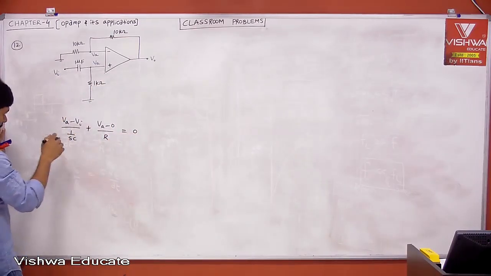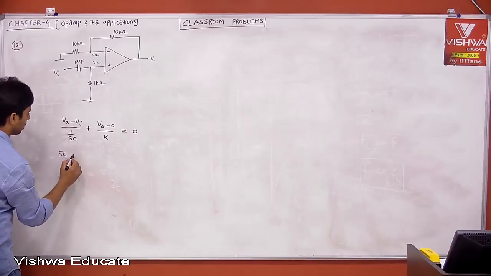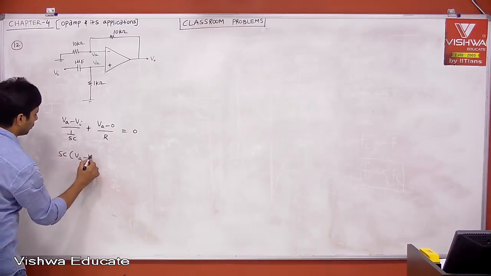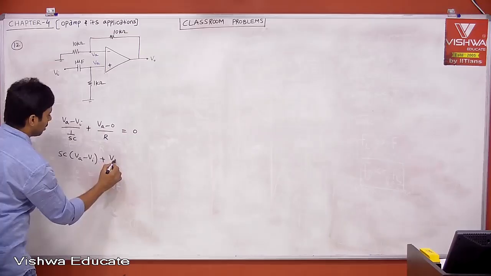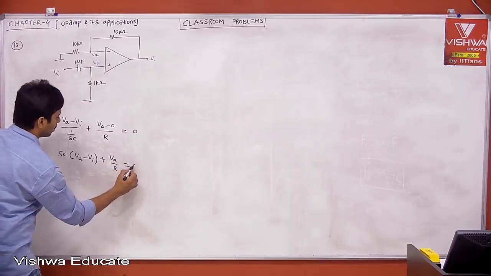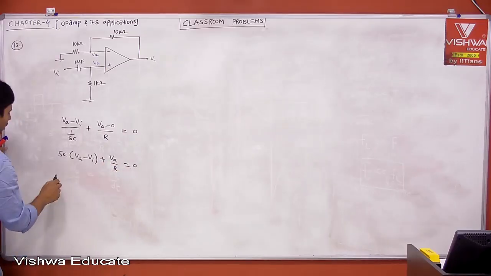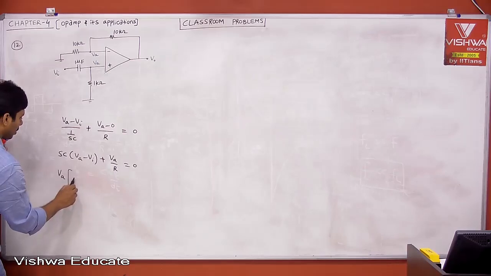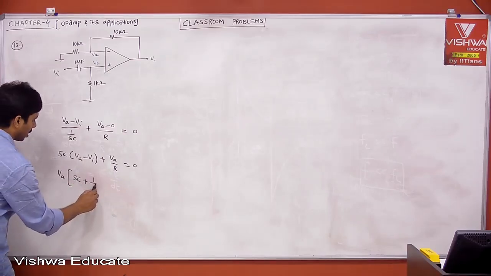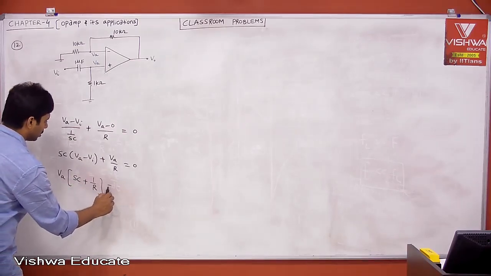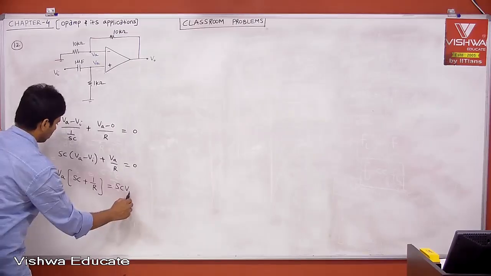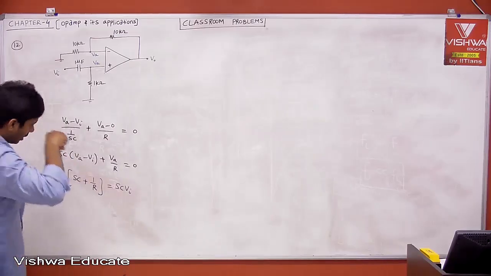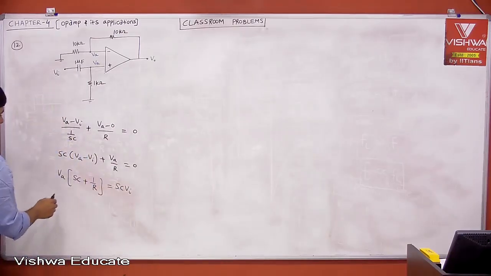Then what you get? You'll get SC into (VA minus VI) plus VA by R is equal to 0. If you take VA common, what you get? VA times (SC plus 1 by R) is equal to SC into VI, right? Then what is VA?